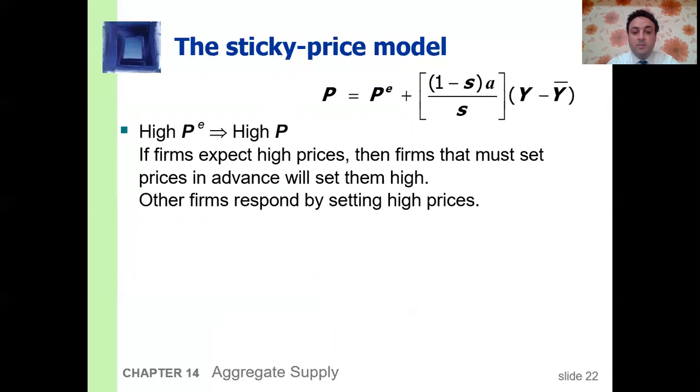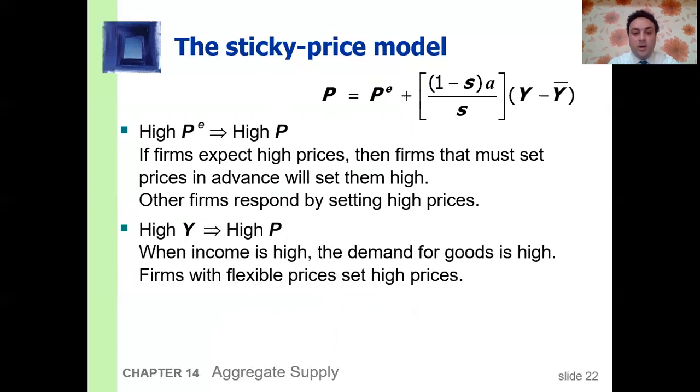If firms expect high prices, then firms that must set prices in advance will set them high. Other firms respond by also setting high prices. If we have high output, then we expect a high price.